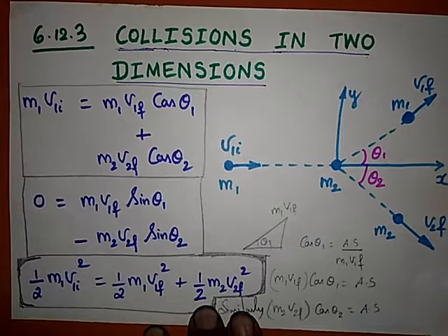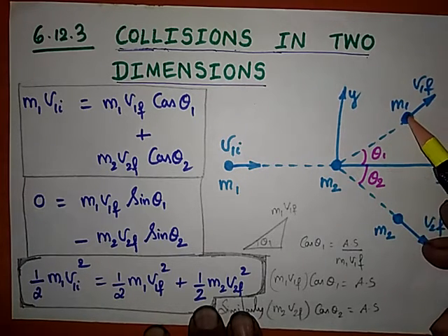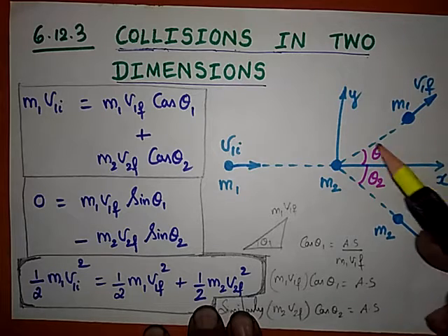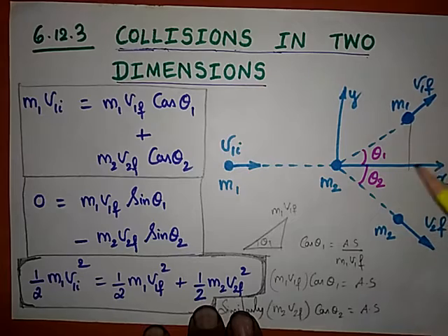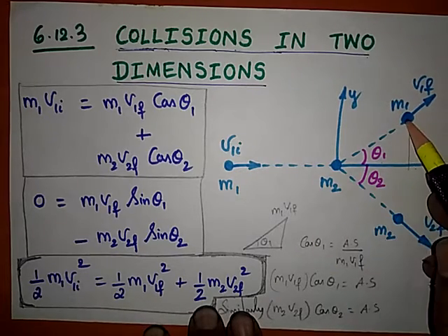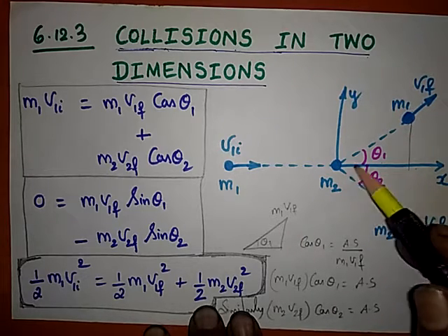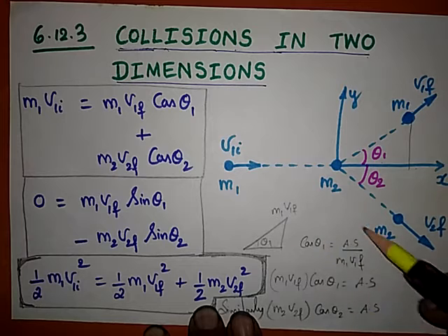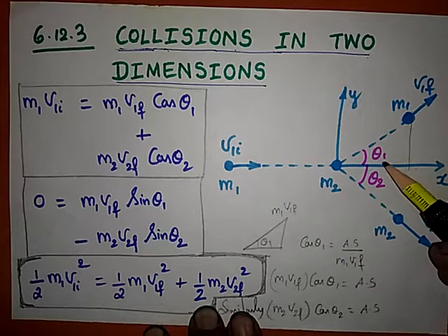Now we are resolving this m1 v1f into horizontal and vertical components. Consider this triangle. If we take cos theta 1, which is adjacent side by hypotenuse, and the hypotenuse is m1 v1f, therefore the adjacent side is m1 v1f cos theta 1.